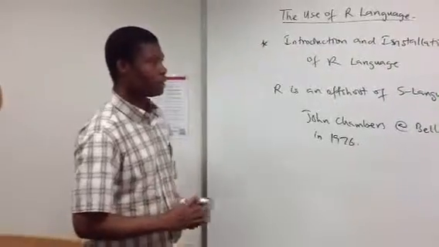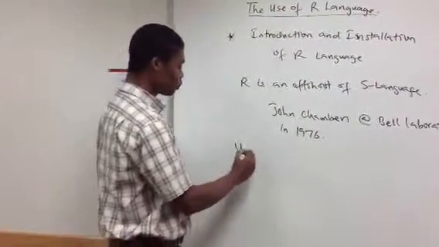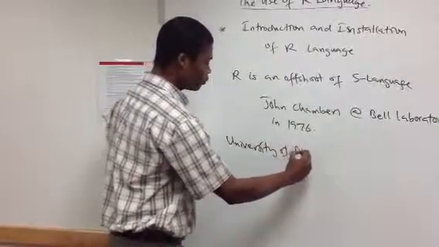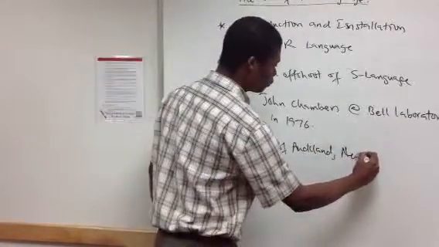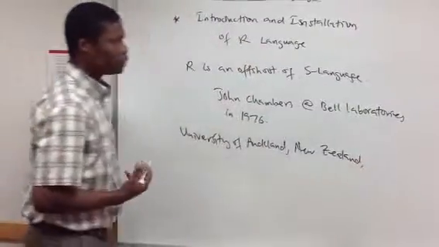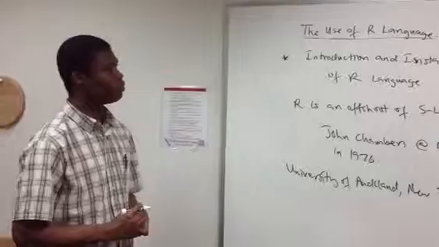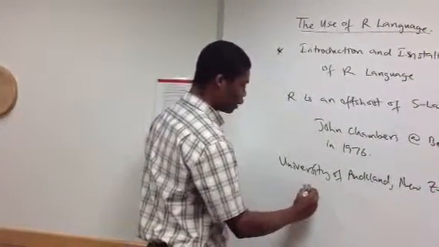Two mathematicians at the University of Auckland, New Zealand, picked the S language and developed their own version of it and called it R language.